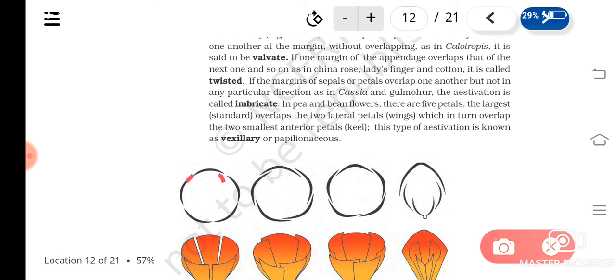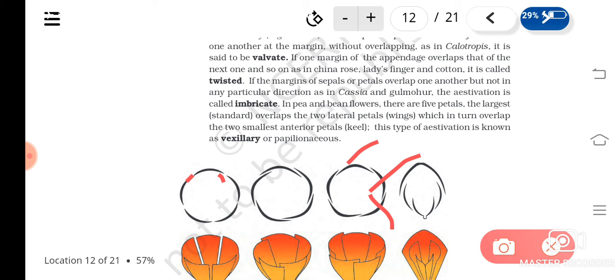Here also overlapping is there, but not in a particular direction. You can see this one: this petal has both sides inside, and this petal has one side out and one side in, but here both sides are outside, so there is no particular pattern. Understood? That is imbricate estivation. There is no particular direction.